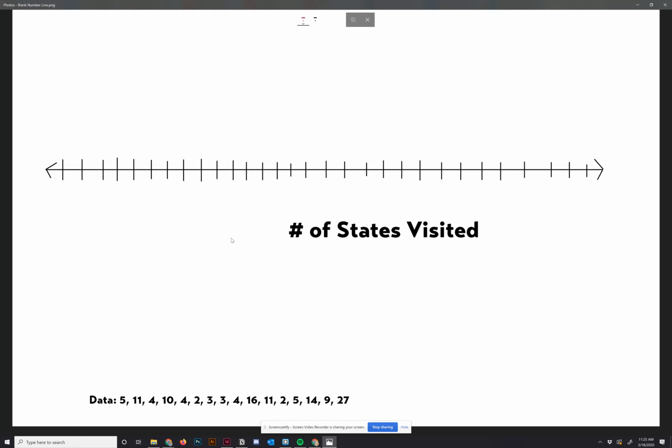Just like a normal number line, each of these lines is going to represent one number for us today. I'm going to draw on this to help label the numbers, and I'm going to count by 2. The first line represents visiting 1 state.